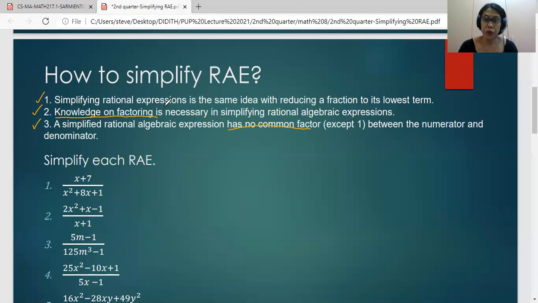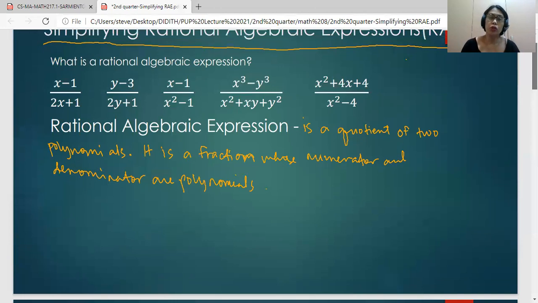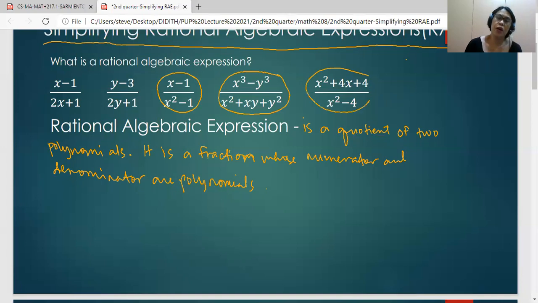Before we work on more examples, let's go back to the previous ones. I told you that these three rational algebraic expressions are not yet simplified, so you have to work on each by identifying their common factor.